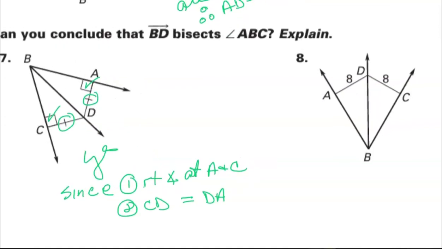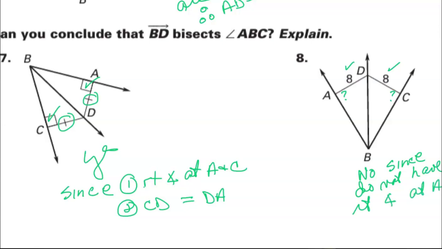Okay, how about this next one? I have these sections equal, but I don't have knowledge about a right angle. So I can't conclude, so it's going to be no, since we do not have right angles at A and C.